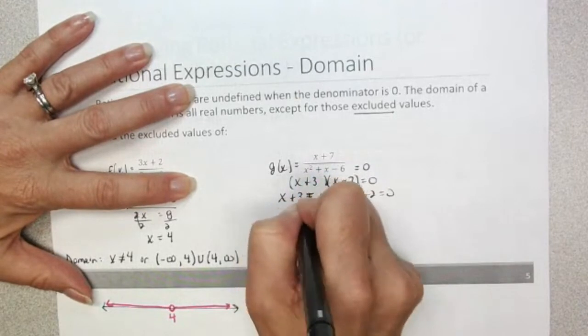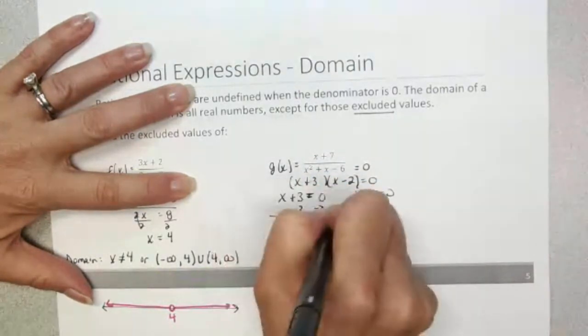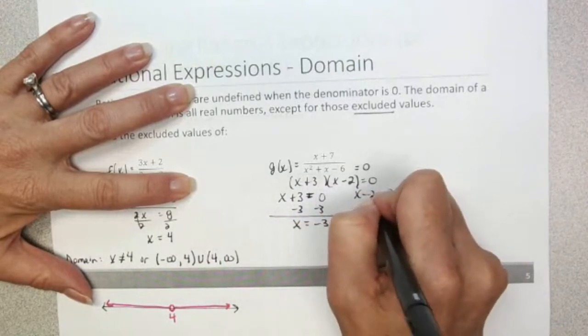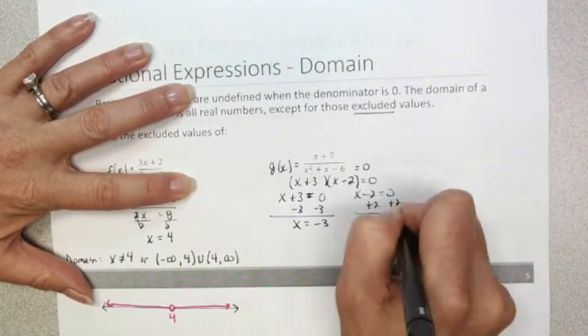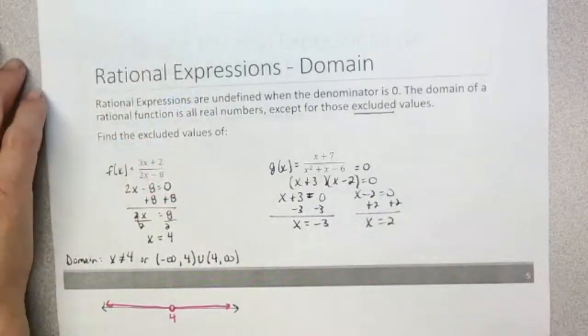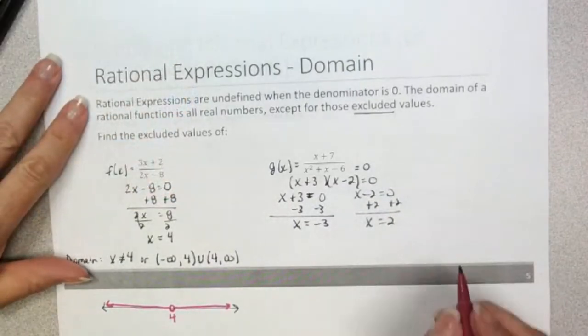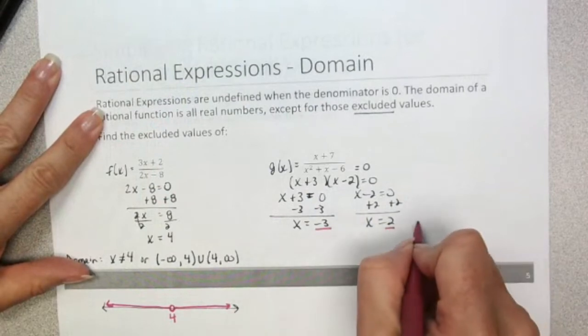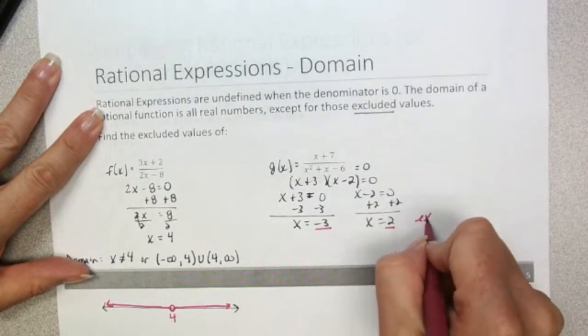So if we subtract 3 from both sides, we see that x equals negative 3, or if we add 2 to both sides, we see that x equals 2. So my excluded values here, the values I need to exclude from the domain, are going to be 2 and negative 3.